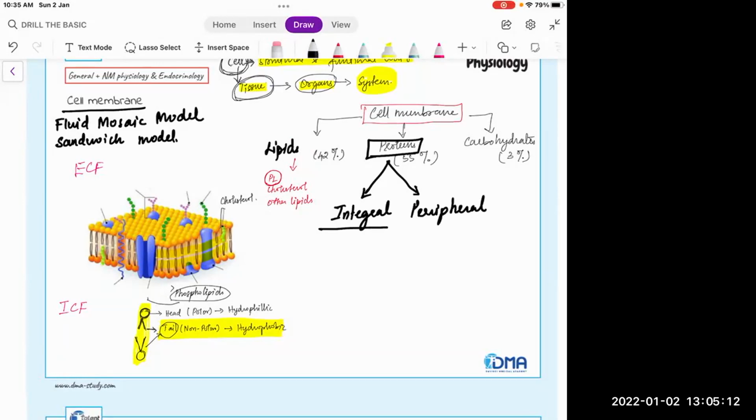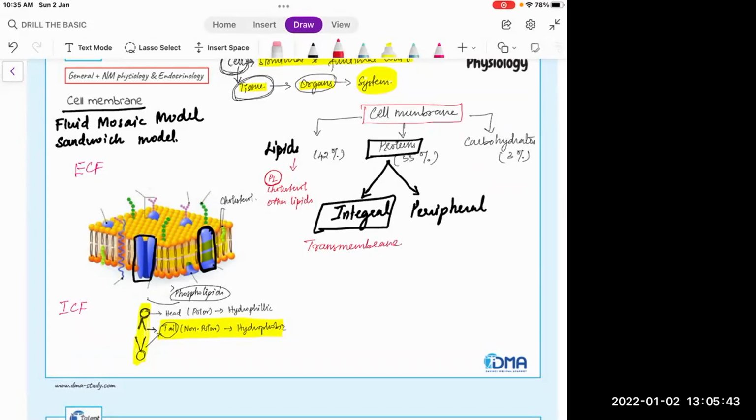As the name suggests, these integral proteins cover the entire thickness of the cell membrane, which is present from ECF up to the ICF. So this is another example of the integral proteins. It covers the entire thickness of the cell membrane. So it also acts as a transmembrane.